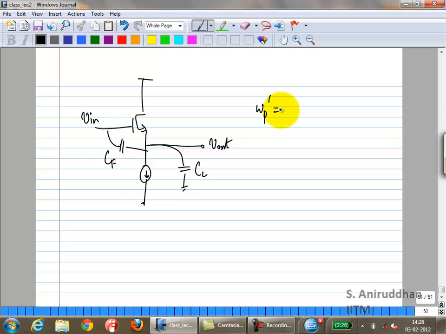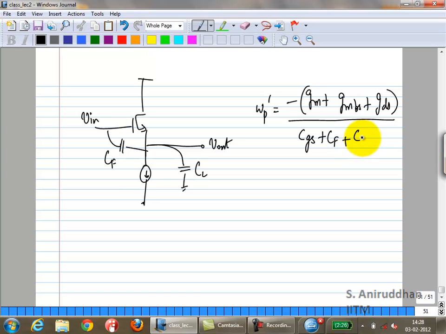What is your new omega P? GM plus GMBS plus GDS minus of this, over CGS plus CF plus CSB plus CL.